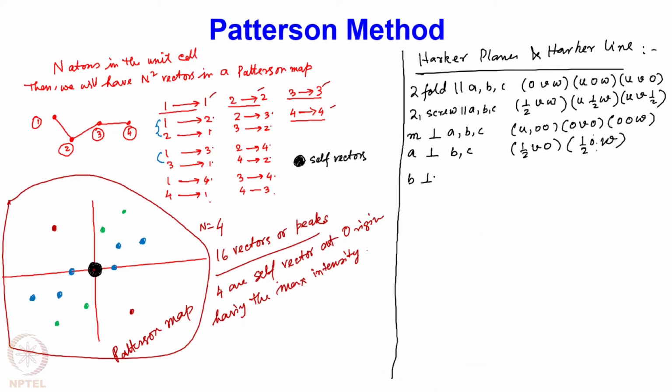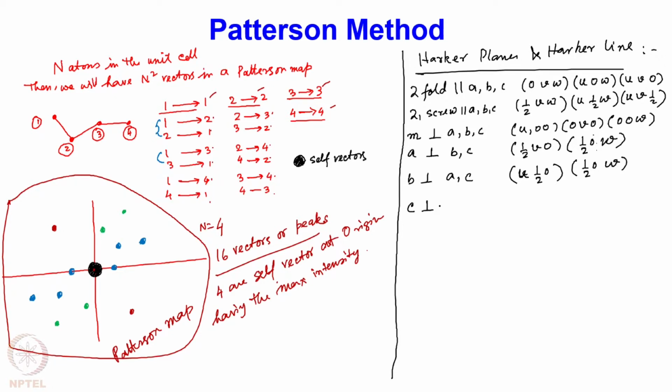Similarly, B glide perpendicular to A or C will generate the Harker line at u half 0 or 0 half w.